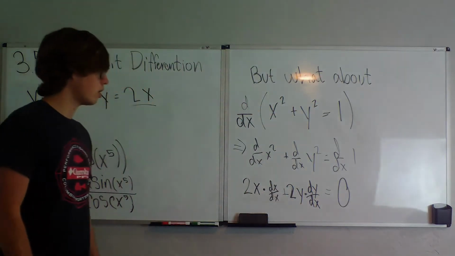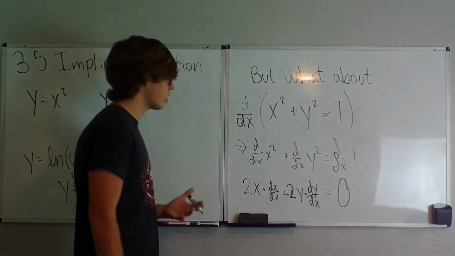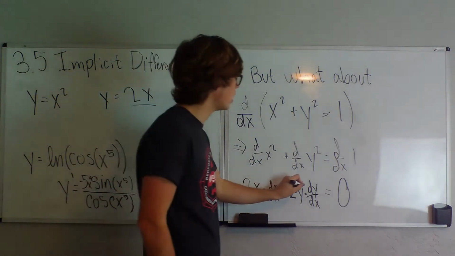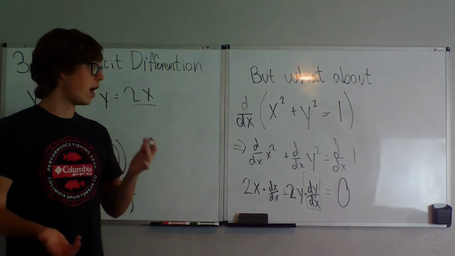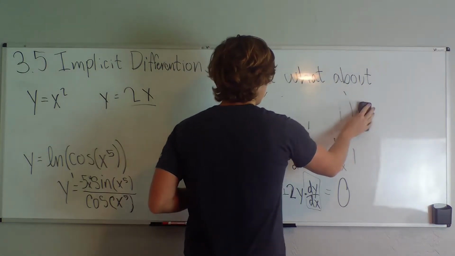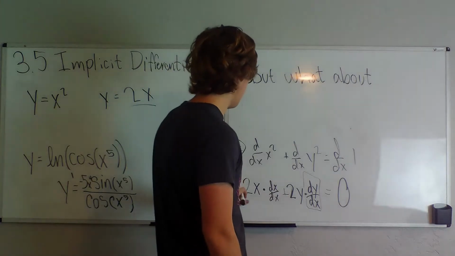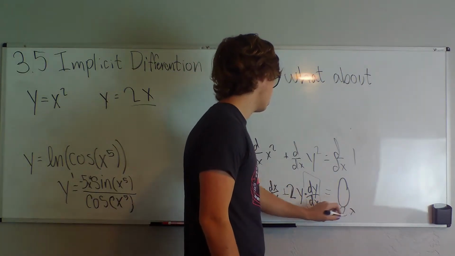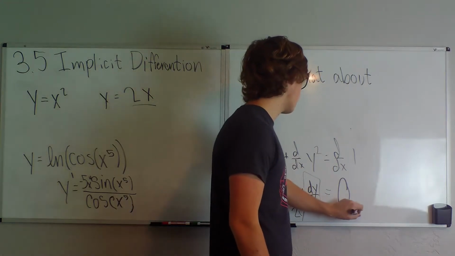So then we get that, and we know that y prime, which is what we are looking for, which is our derivative of y, well, we have it. It's right here. It's our dy dx. So then if we just solve for dy dx, we find the derivative of y. So then let's do that. Well, so we have subtract 2x, and then divide by 2y, divide by 2y.